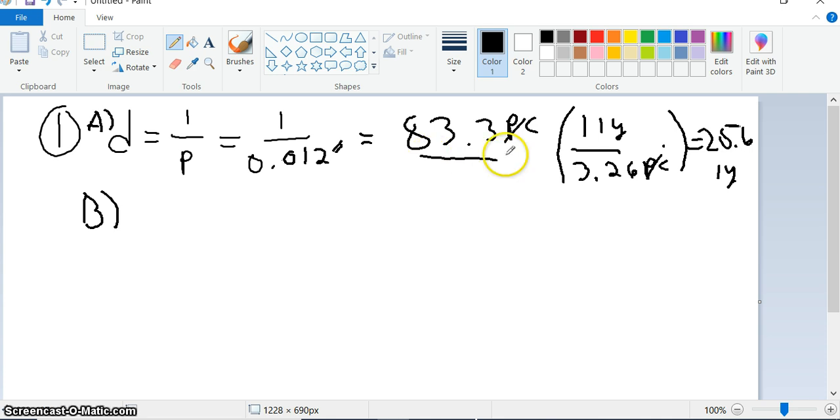All right, so for part B, let's look at that again. It says if we're at an observatory on Neptune's moon Triton. So it turns out that Neptune has a distance of 30 parsecs. I'm sorry, of 30 astronomical units. So Neptune has basically its baseline.